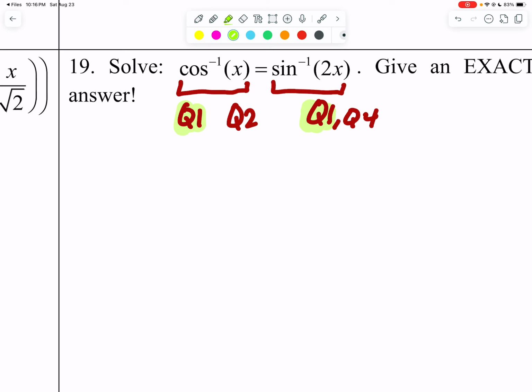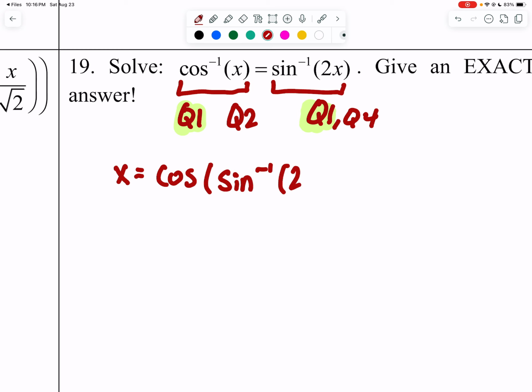So here's what's going to happen. What I'm going to do is solve for either the left side or the right side so that we could get the argument out. In this case, I'm going to take the cosine of both sides.